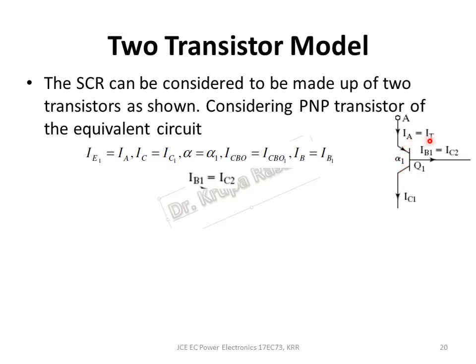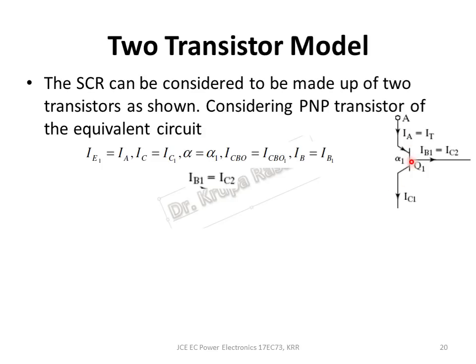Okay, so IA is equal to IT, IB1 is equal to IC2, and this is the collector current IC1. The arrow is here, so this is the emitter current IE1 of this particular transistor. So IE1 is IA, IC is IC1, alpha is the current gain alpha 1, ICBO is the leakage current of this transistor.